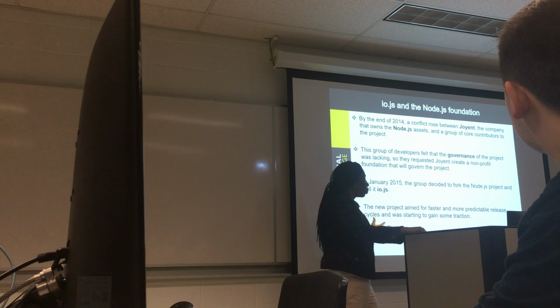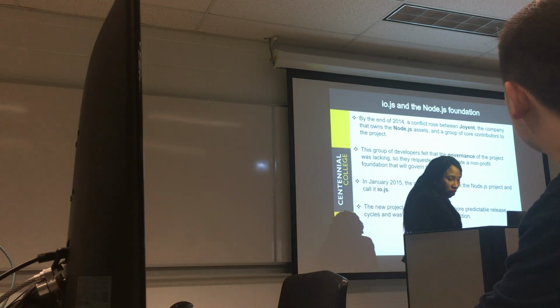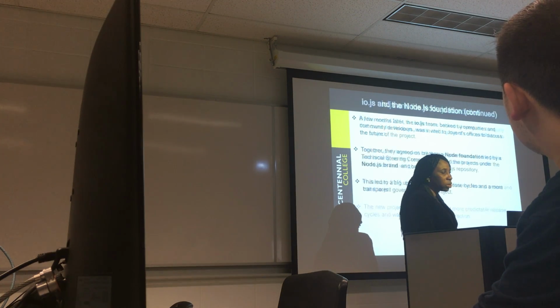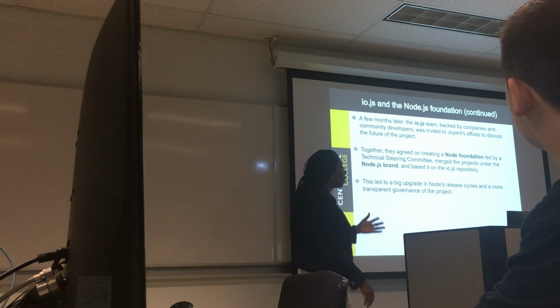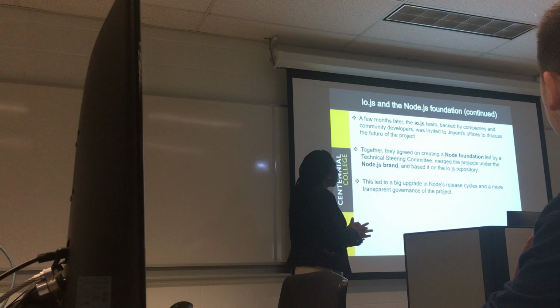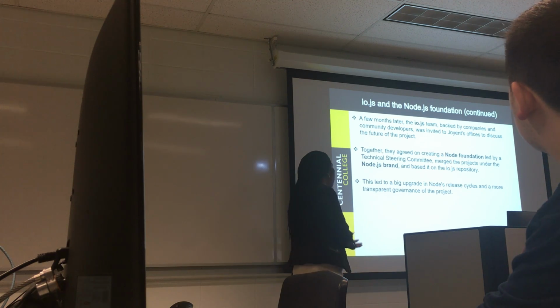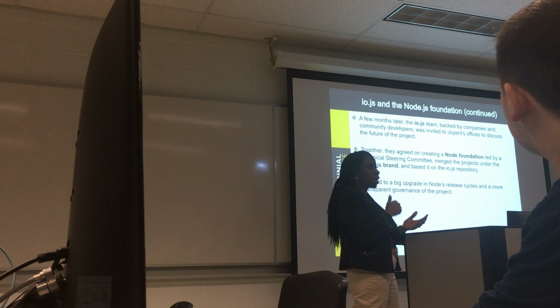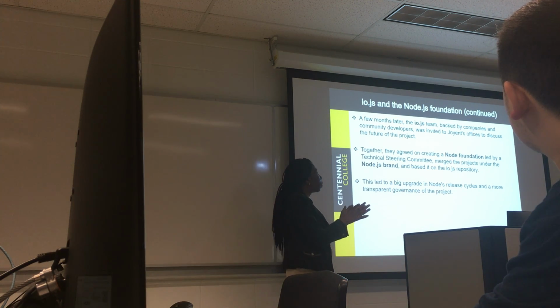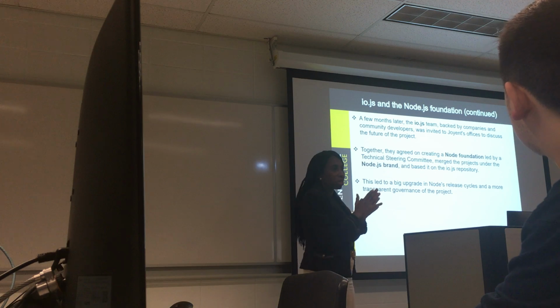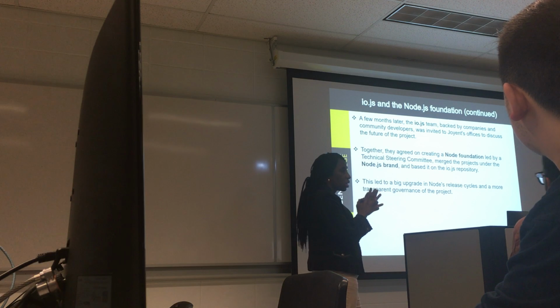The new project aimed for a faster, more predictable release cycle. But a few months later, the IO.js team, backed by the company's developers, invited a joint office. They had a discussion and were able to agree again to come together and create Node.js, right?